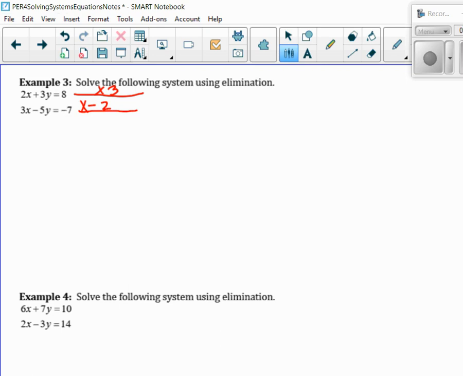Does everybody see? Doesn't matter which one you do. Can you do the top one by negative 3 and the bottom one by 2? Okay, so if I times the top one by, oh, you're saying for signs? No, it doesn't matter. I thought you meant just random. As long as they're opposite signs, it doesn't matter which one. Okay, so that means I get 6x plus 9y equals 24.